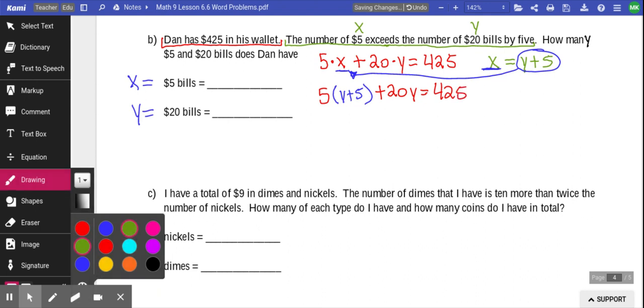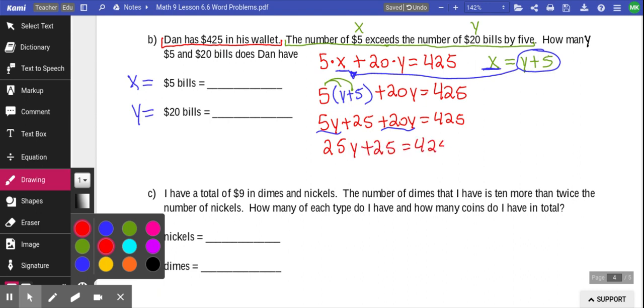I then need to solve this by multiplying into the brackets. That gives me 5y plus 25 plus 20y equals 425. I should have some like terms, which I do. That gives me 25y plus 25 equals 425.